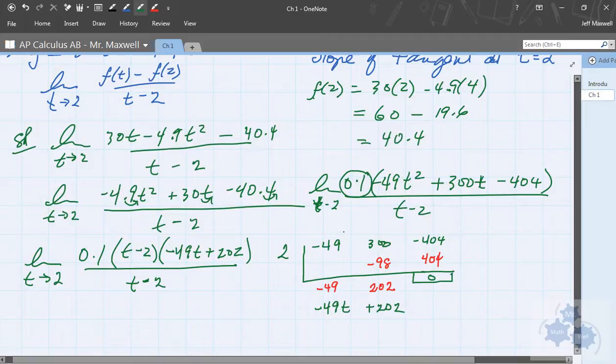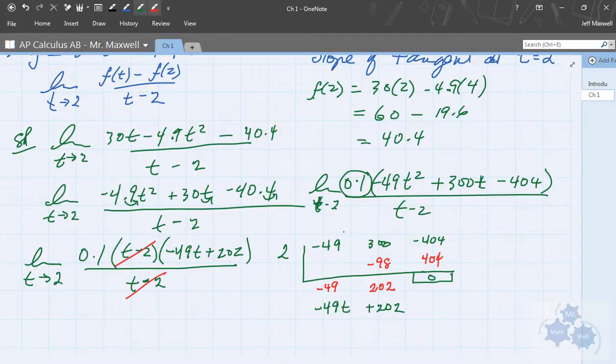After doing synthetic division here, to try and factor this, this is what we've ended up with. And of course now we see that t minus 2 and t minus 2 will cancel out, so we don't have anything in the denominator, which is really good.